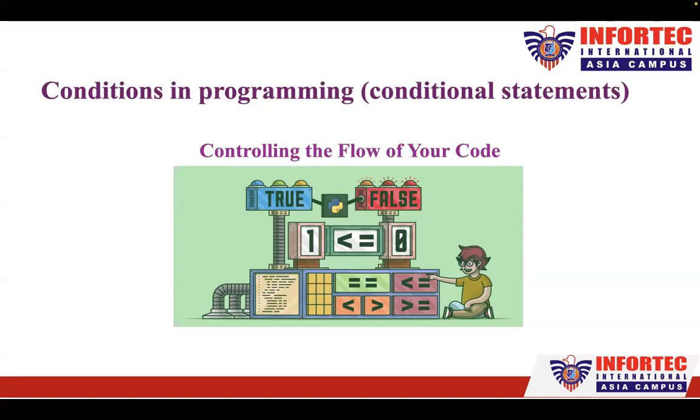One by one, it will go gradually. But when it comes to condition, what we do, we change this pattern. If that condition is true, we can skip few lines and we can go to the next available line. If that condition is false, we can go back and we can do something, which means we can control this flow.